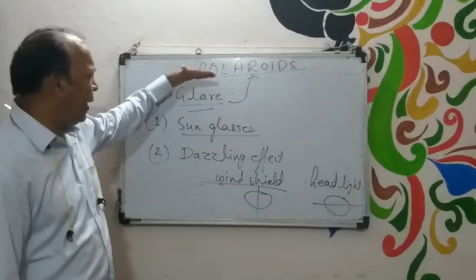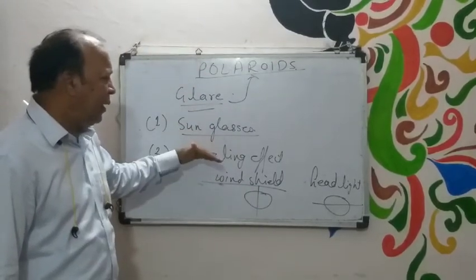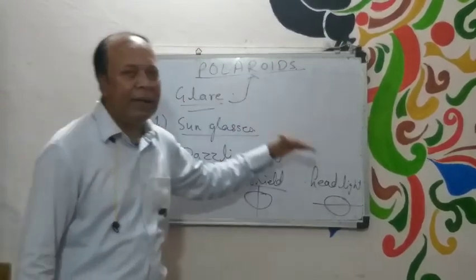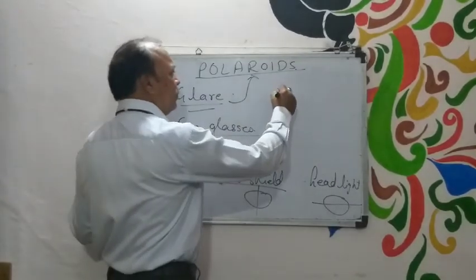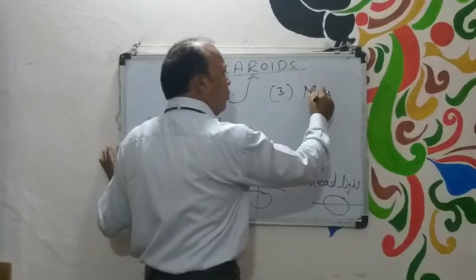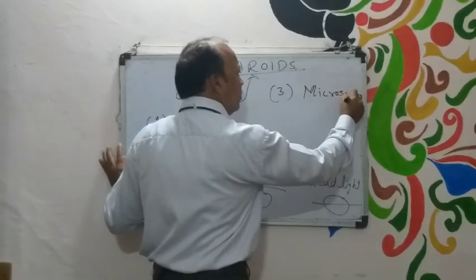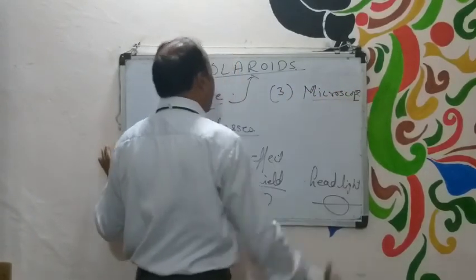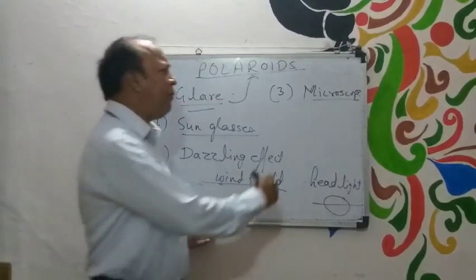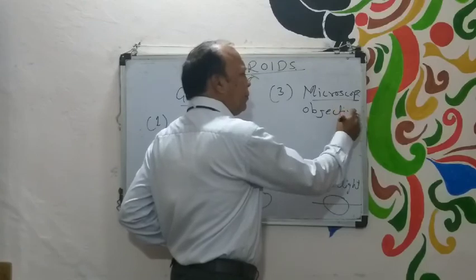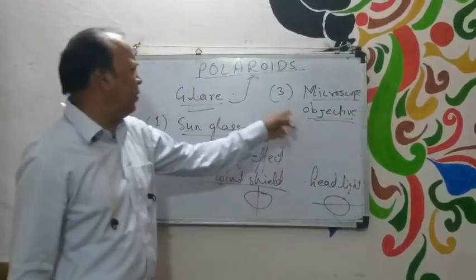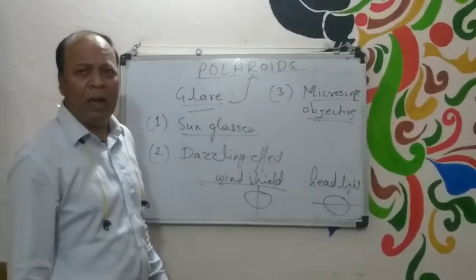So we use Polaroids in sunglasses, in windshields, in headlights, also in microscopes. In the microscope objective lens we generally use Polaroids, just to remove the glare of the object.